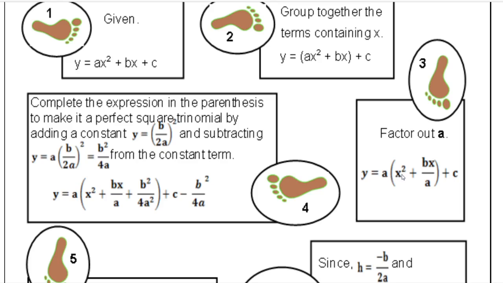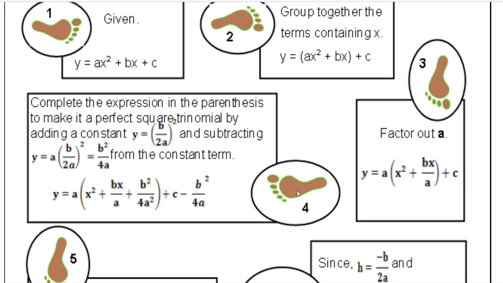Since there is no a here, you have to write over a so that you can just cancel, so that if you multiply this one and this, you can cancel out this one and this will retain the general form. So nothing changed here. If you factor out a, be sure that you write a here.